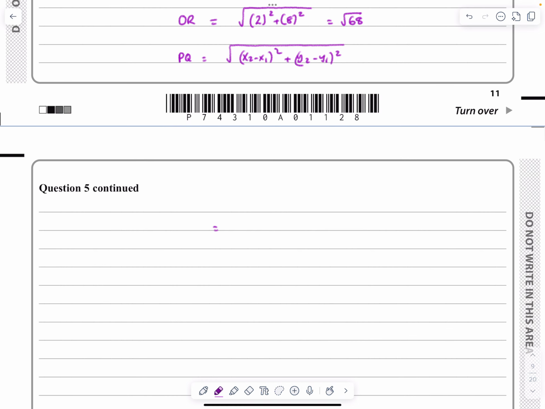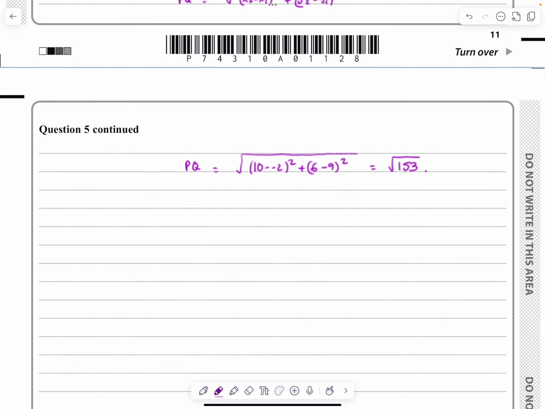We've actually got the coordinates there being square root of 10 minus 2 squared and 6 minus 9 squared. Chuck all that in. That works out to be square root of 153.